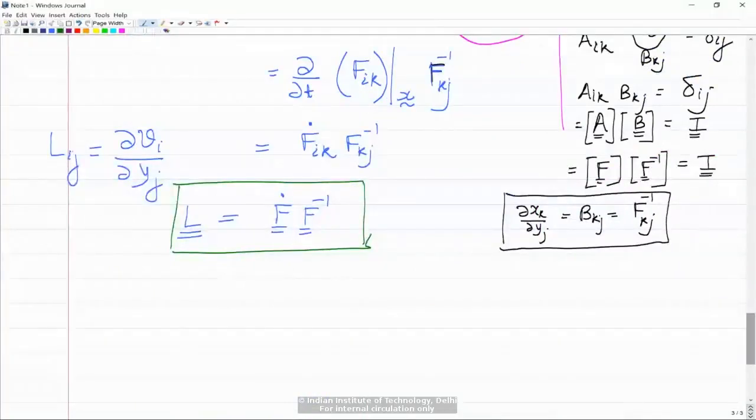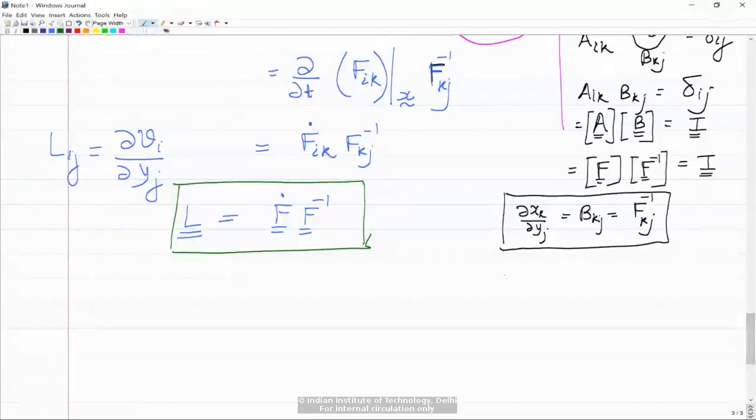Okay, so having derived this, now this is for a general deformation where the body can also deform. Can we try to relate this with the rigid body motion? So in case of rigid body motion, what is big F?